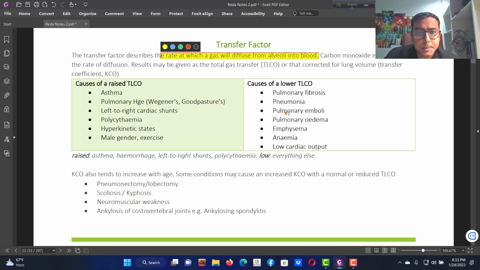Raised transfer factor: asthma, Wegener's granulomatosis, Goodpasture syndrome, left to right cardiac shunt, polycythemia, hyperkinetic states. Low: pulmonary fibrosis, pneumonia, obstructive related problems.